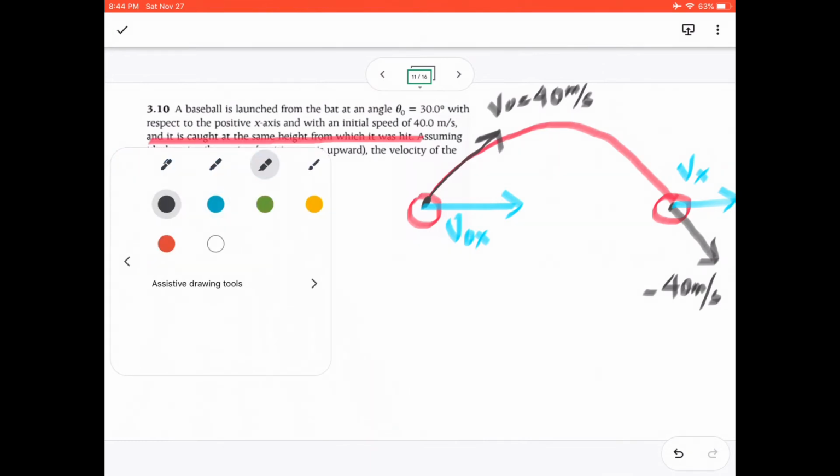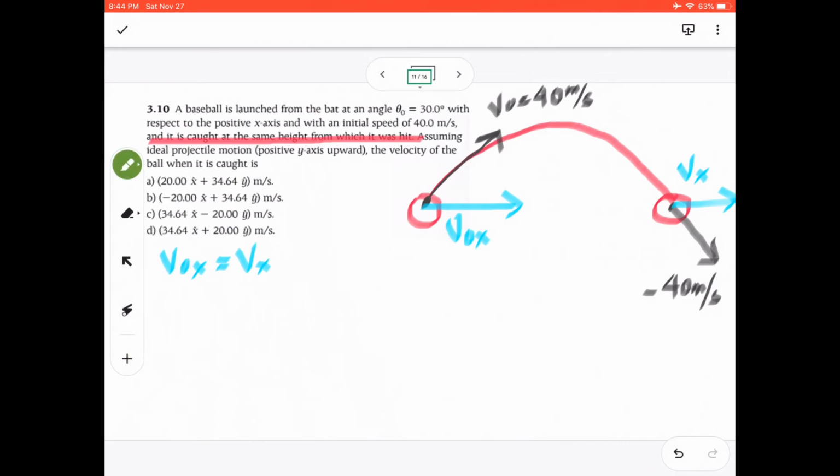And how about this one? Of course, you have a V0y over here, and you will be able to solve for V0y and V0x using SOHCAHTOA. Okay, and in here it's also equal since they are of the same height when it was hit and when it was caught. So Vy final is equal to V0y, but just in the negative direction.